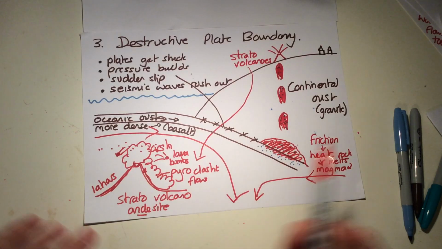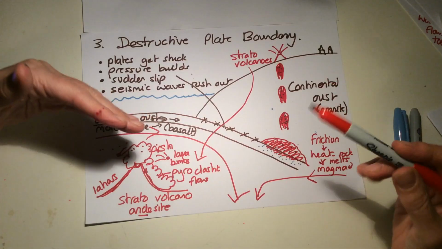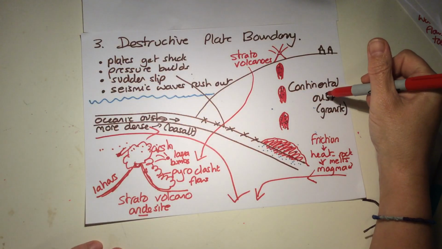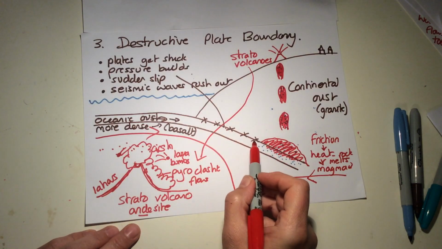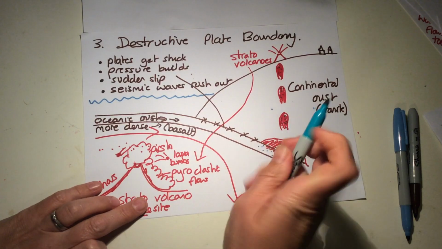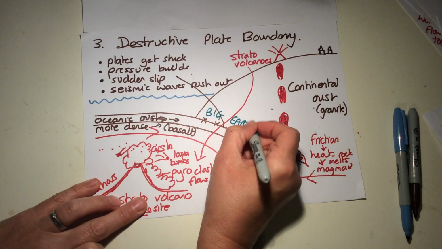Destructive plate boundaries, plates get stuck here as they push into each other. The more dense crust is pushed underneath the less dense continental crust. Earthquakes, big earthquakes along here. Big earthquakes.